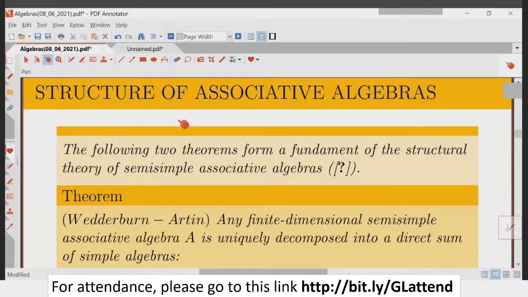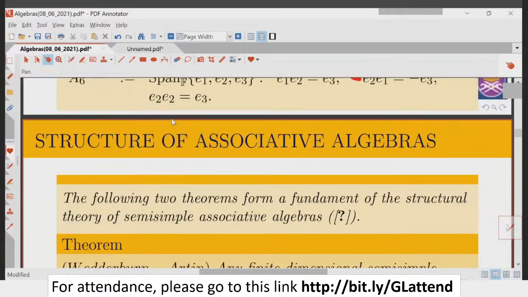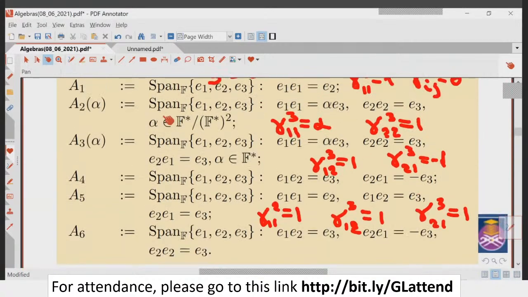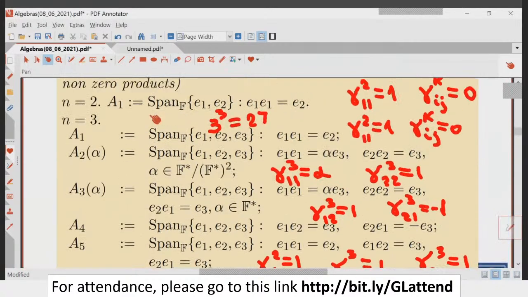Isomorphism means two algebras can be considered identified. Here, by the way, look at this. This means in dimension 2, you have only one non-trivial associative algebra. All other associative algebras can be identified with this algebra.